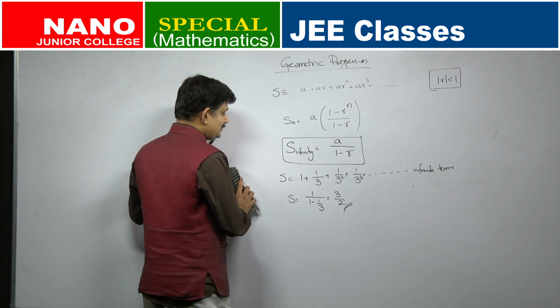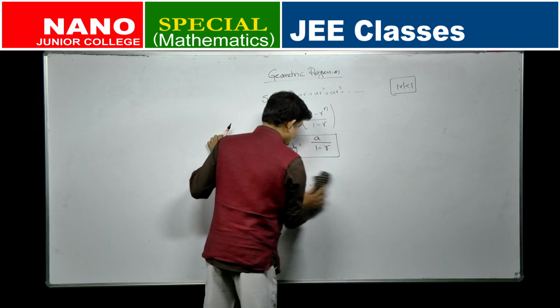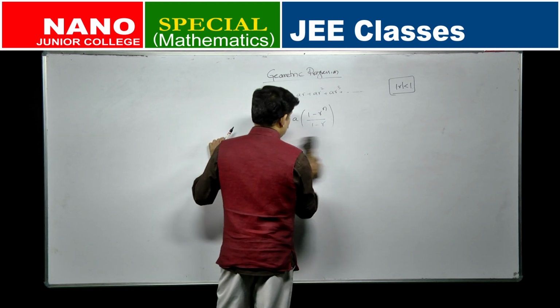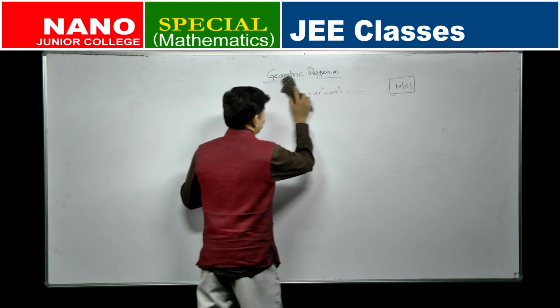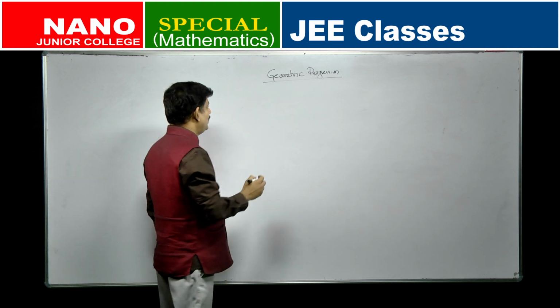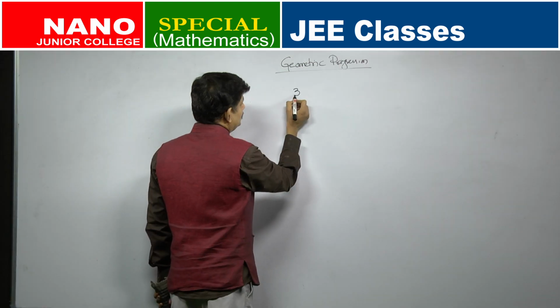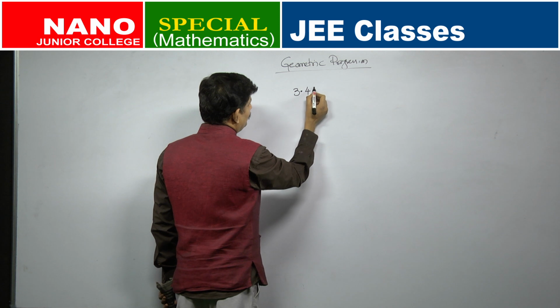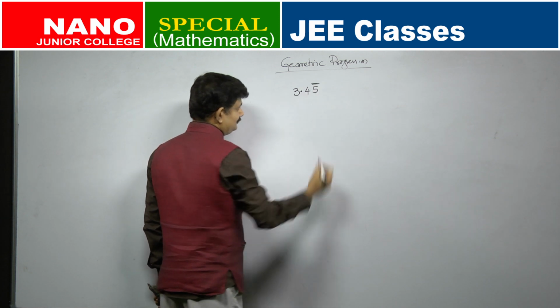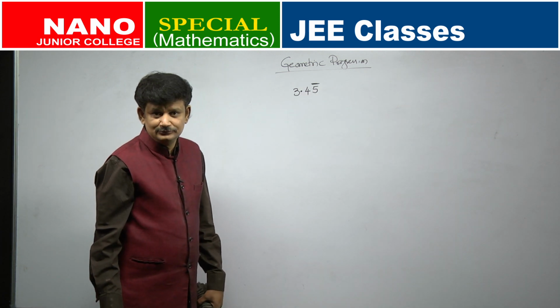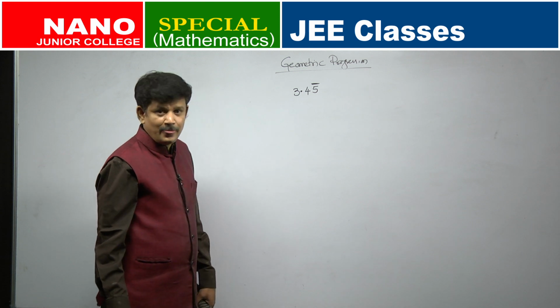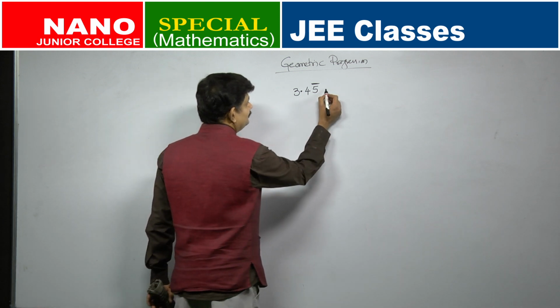Okay. Let me look at some more questions on infinite GP before I move to the next concept. See, all of you are used to writing this notation 3.45 bar. Yes or no? What does this mean?